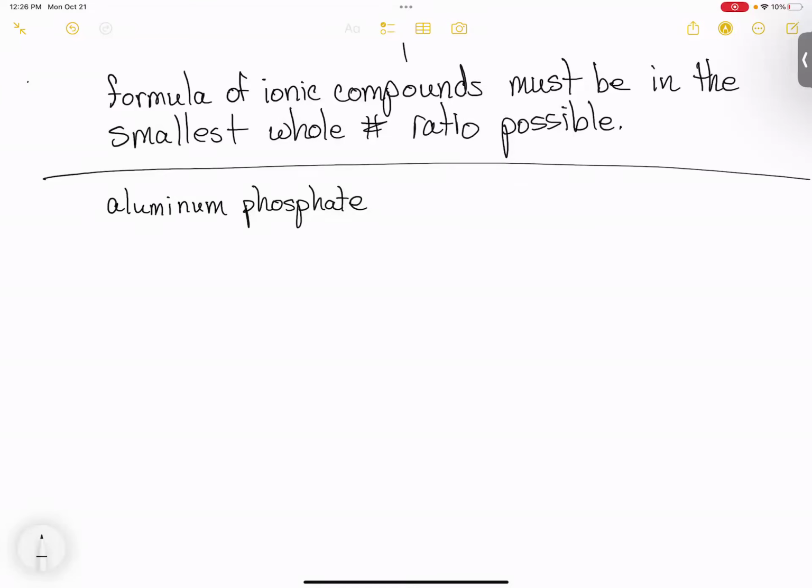Aluminum is element number 13. What is aluminum's charge? It's a +3. Phosphate. I see the word ate. Well, it comes from phosphorus. Phosphorus is in period 3 through 7. So what does that mean for the number of oxygens?